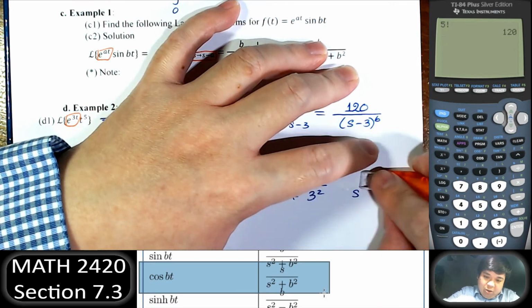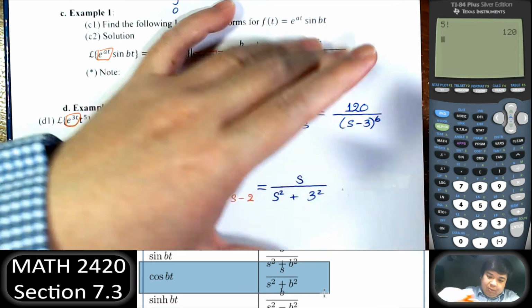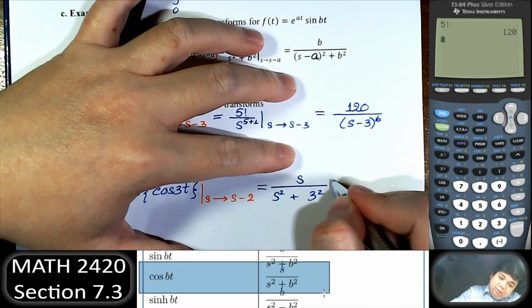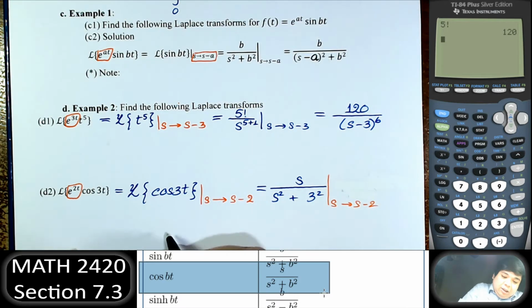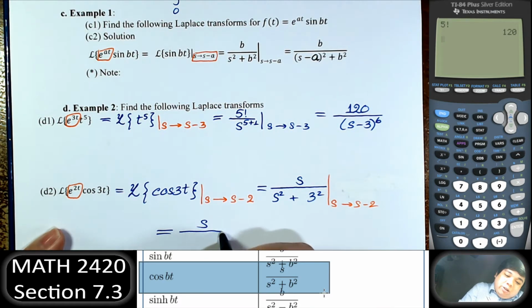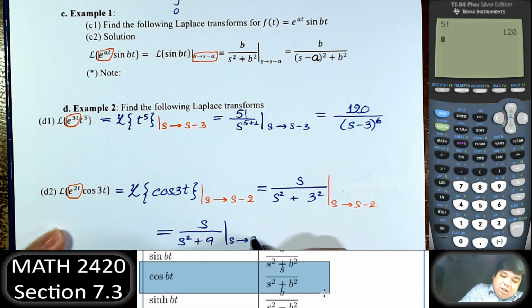I forgot to transform. So s over s squared plus 9, translate s to s minus 2.